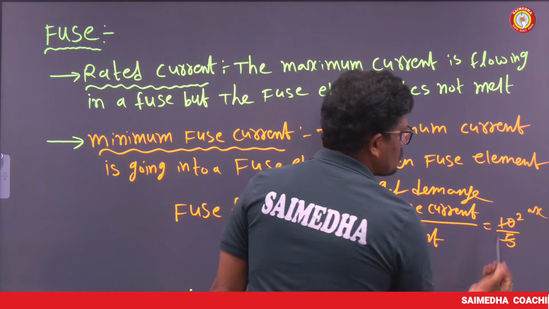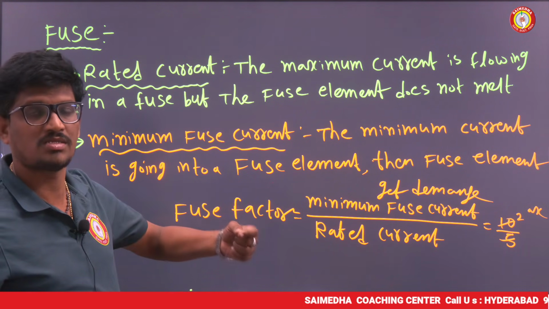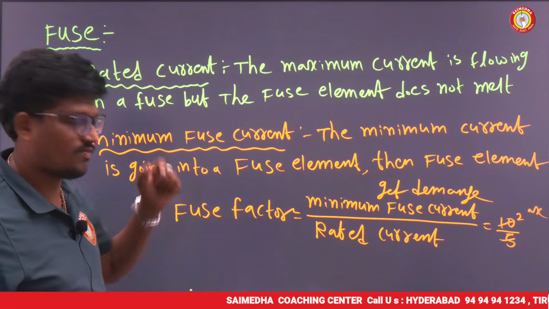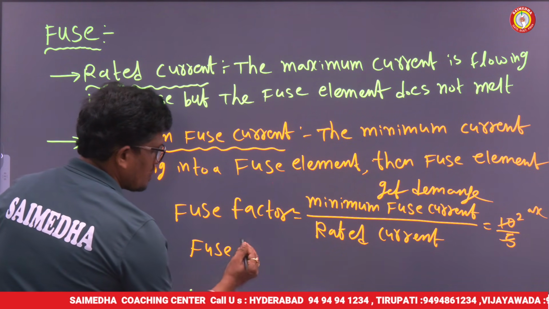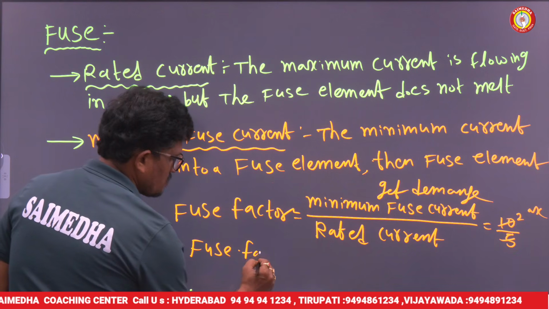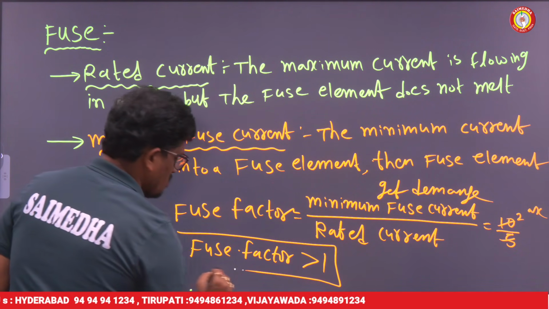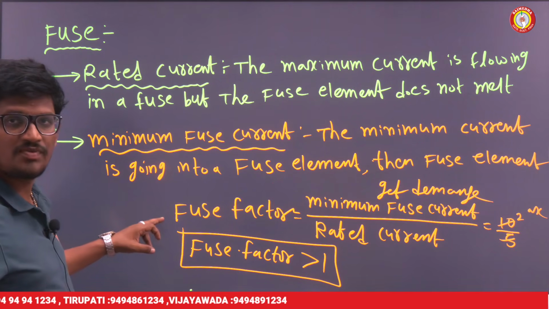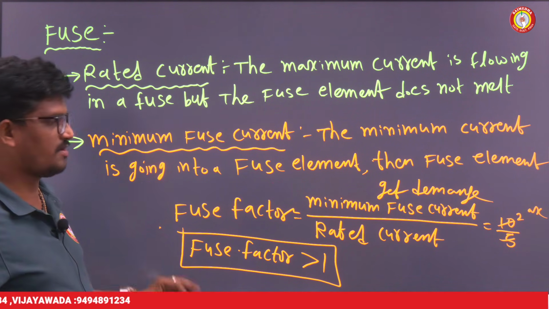This value is 2. 2 means what? That fuse factor is greater than 1. The fuse factor is always greater than 1. Okay, the formula is very important, and whether the factor is less than 1 or greater than 1 is also very important.